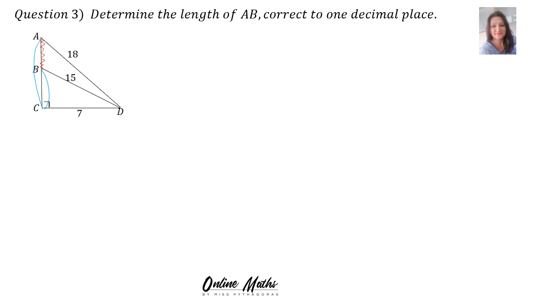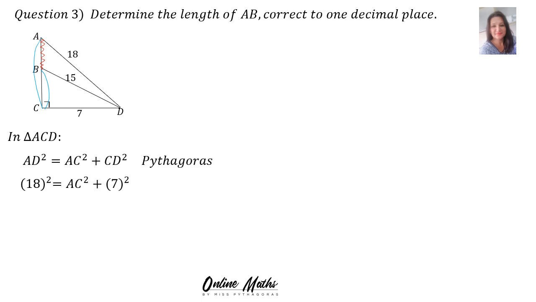So let's start. It's a right angle triangle, so we can say in right angle triangle ACD, the big one, the theorem of Pythagoras says hypotenuse squared, AD squared, is equal to AC squared plus CD squared. Then we can substitute.